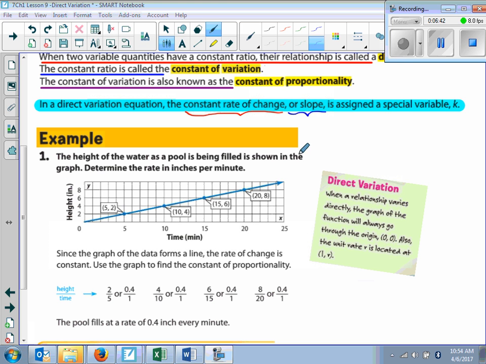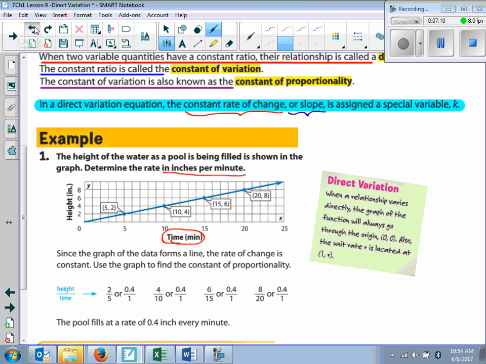For example 1, the height of the water as a pool is being filled is shown in the graph. We want to determine the rate in inches per minute. So we're looking at inches per minute. That's going to be the y value, which is inches, over the x value, which is the minutes.